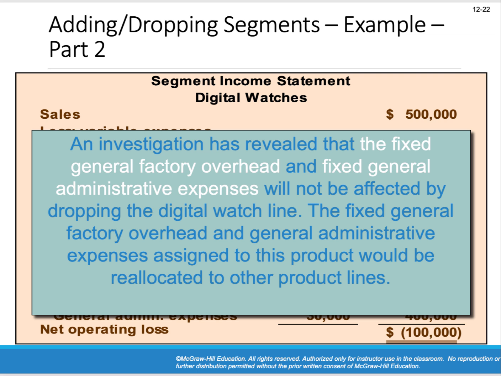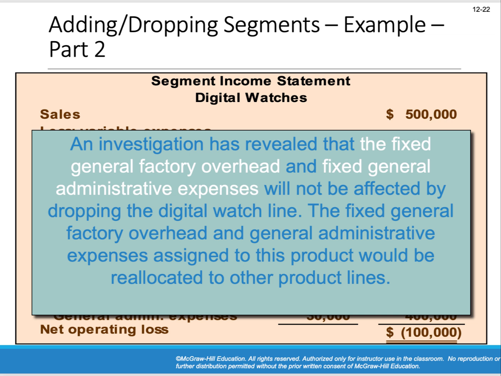And basically they told us that the fixed general factory overhead and the fixed general administrative expense will not be affected by dropping the watch line. So what that means is those costs are still going to remain regardless if we keep the watch line or we discontinue the watch line.